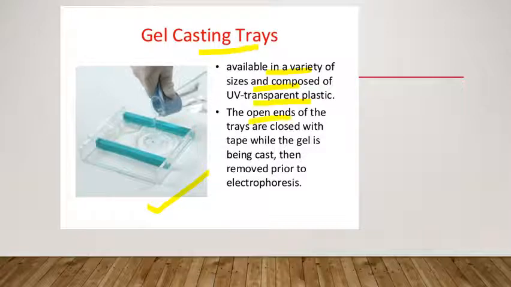The open ends of the trays are closed with tape while the gel is being cast, then removed prior to the electrophoresis. So the gel is fixed in this tray, where the migration and movement are carried out, and after that it is removed to visualize.